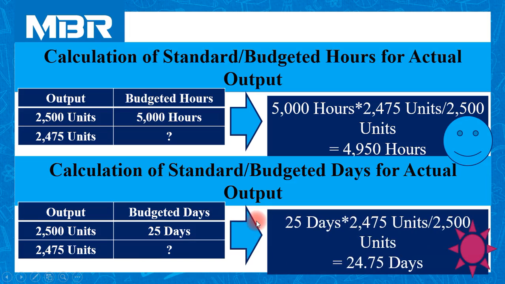Use the cross multiplication and you will get 24.75 days. With these 5 basic calculations, budgeted rate per unit, per hour, per day, budgeted hours for actual output and budgeted days for actual output, now we can move towards the calculation of formulas of different variances related to fixed overheads.